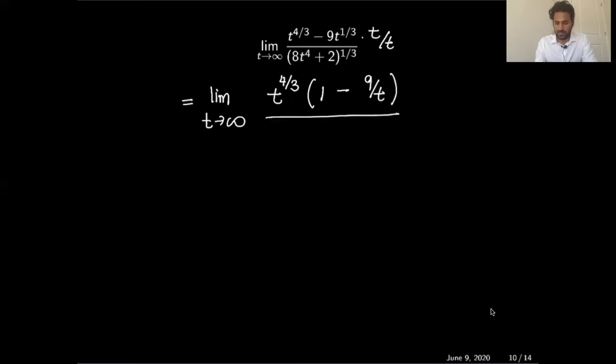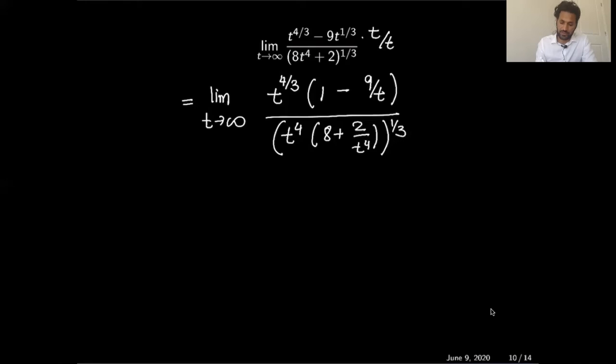And same thing, if I pull out x to the power 4 inside of this parentheses, I will get 8 plus 2 over t to the power 4, all to the power 1/3.